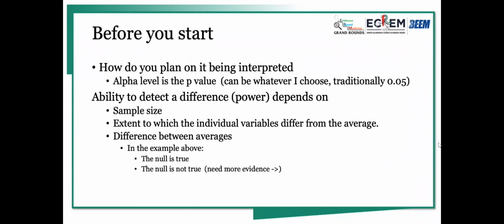Now, as we saw in the experiment that I just described above, the power of the experiment, in other words, the ability that I have to detect a difference, is going to depend on several things. It's going to depend on the sample size, and we just saw that with the example of the shots to the penalties.